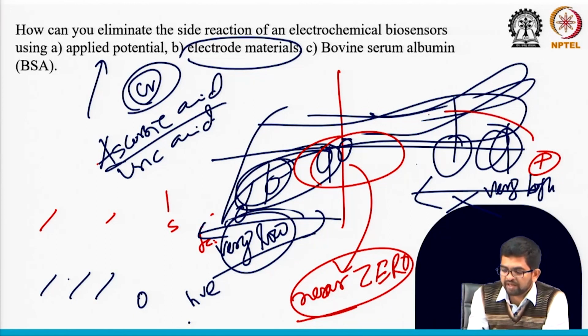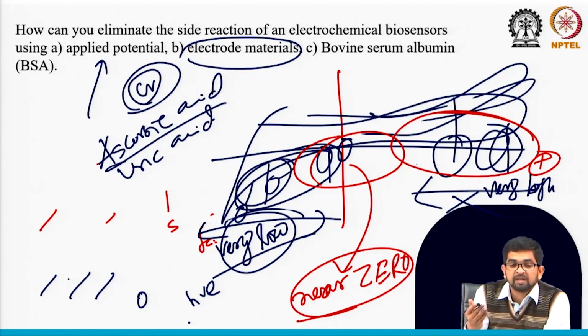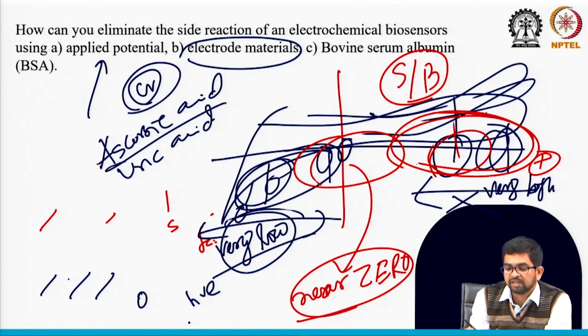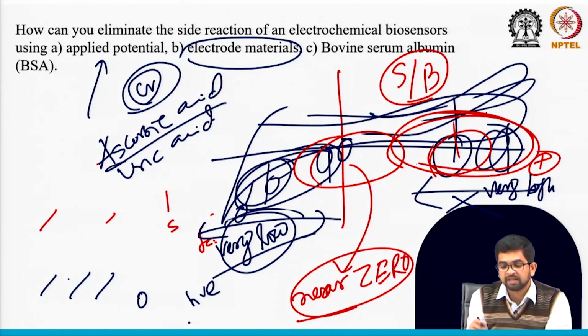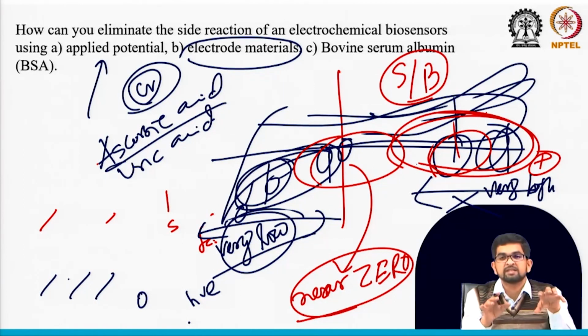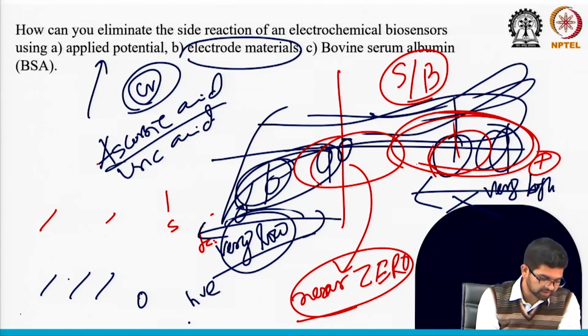In some sensors you may get it at another position, maybe because you are not handling serum or blood, but something else. In that case, maybe in that biosensor, at that potential, you may get a higher signal-to-background ratio, and then you may choose it. But in that case, other background, other interfering species can increase the background current, so you have to avoid those. Okay.